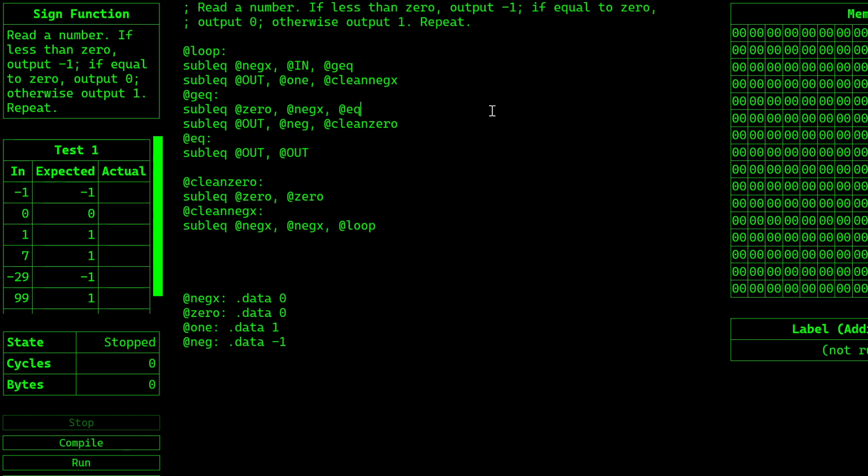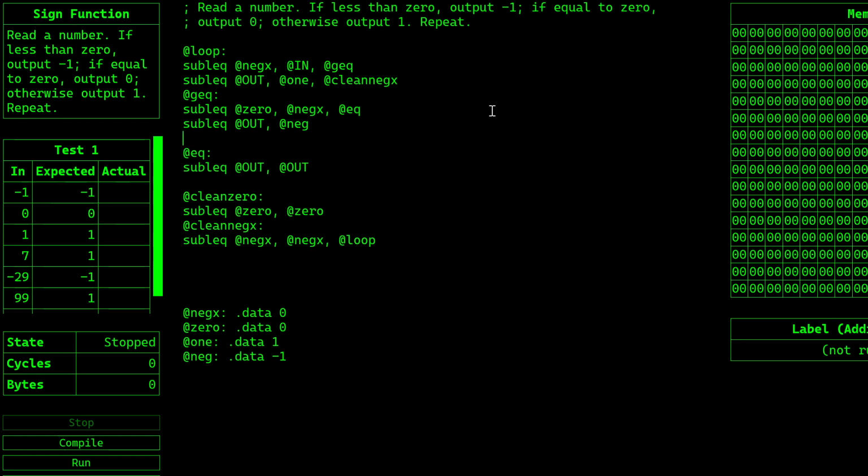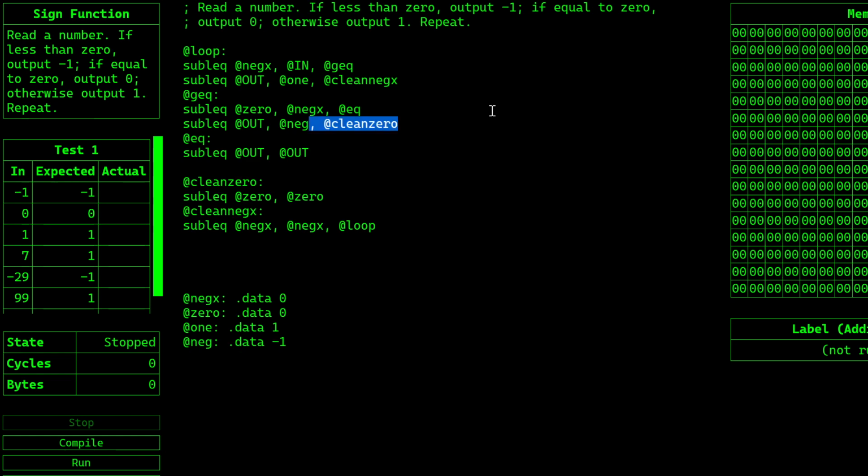I mean, probably it's to insert an unconditional jump here because we know in this case we'll be subtracting -1 from 0 and the result will be positive and therefore we'll never jump anywhere from here. So we must do a cleanup here. So can I then not... Because this wanted to jump where? Clean 0.